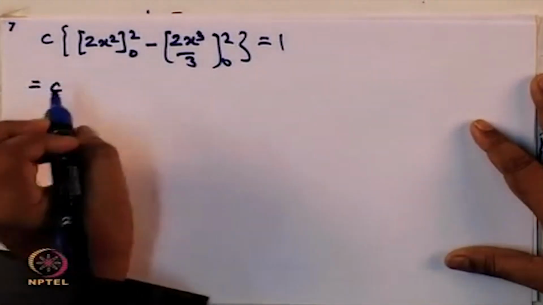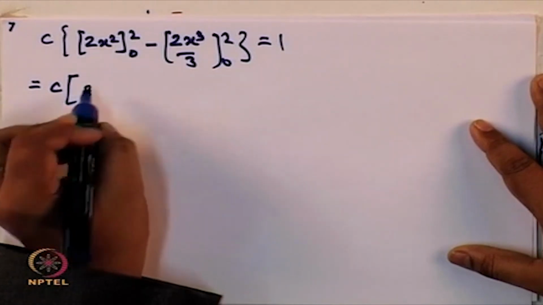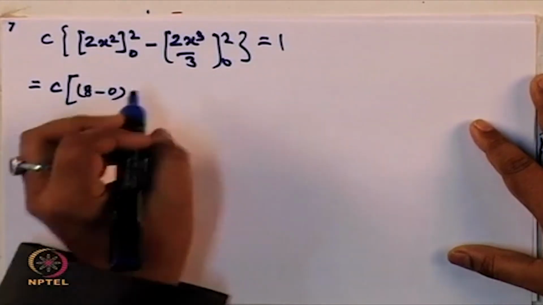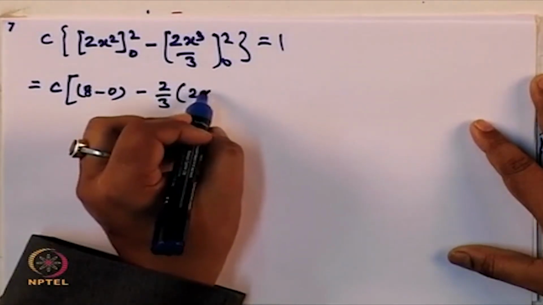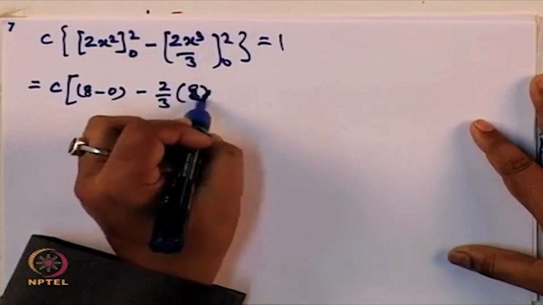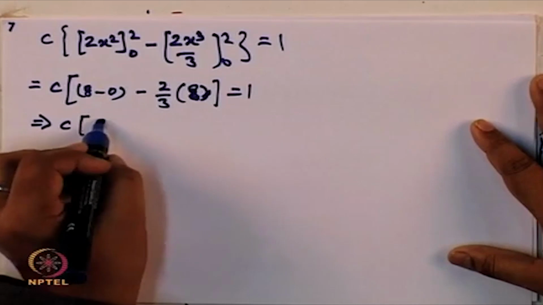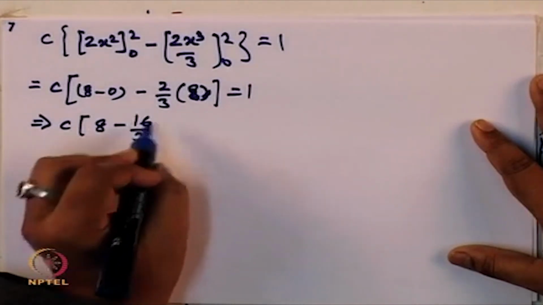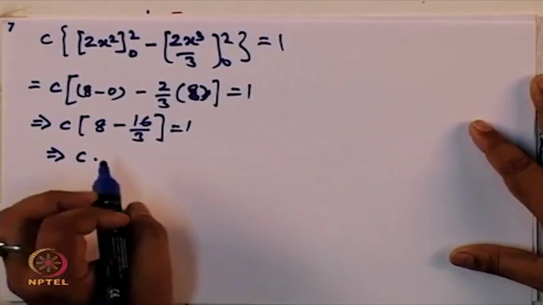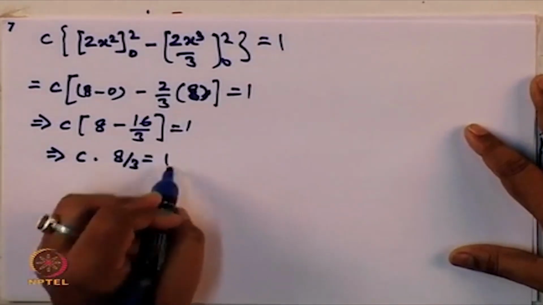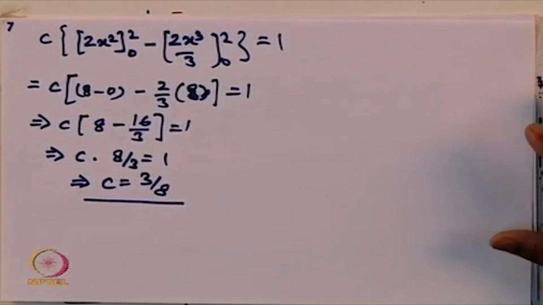So, this gives me c into (8 minus 0 minus 2/3 times 8) equal to 1, that is c into (8 minus 16/3). So, I get c as 3 by 8.